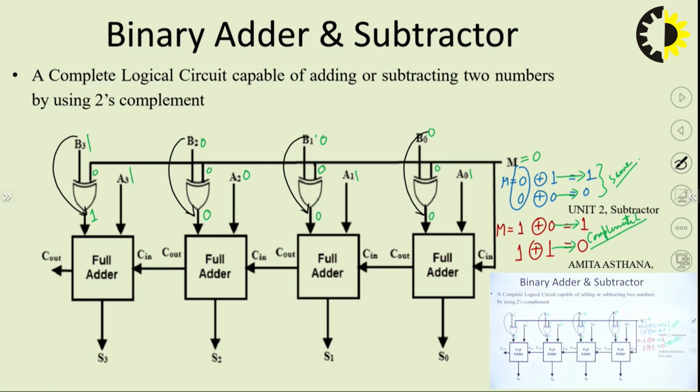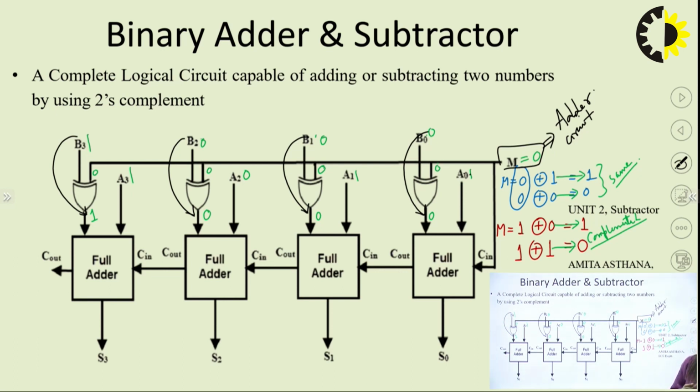So that means for m equal to 0, the 1 and 0 are being added, and the sum will be here, and then the carry out will be there. Okay. So 1 and 0 add. So if m is equal to 0, the circuit is behaving like an adder circuit, isn't it? If m is equal to 0, the same bit is being propagated by the XOR gates, and this total circuit is behaving as an adder circuit.